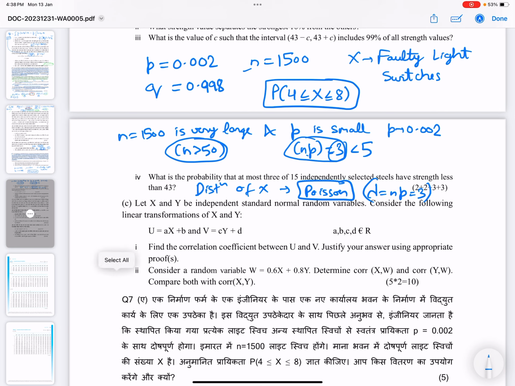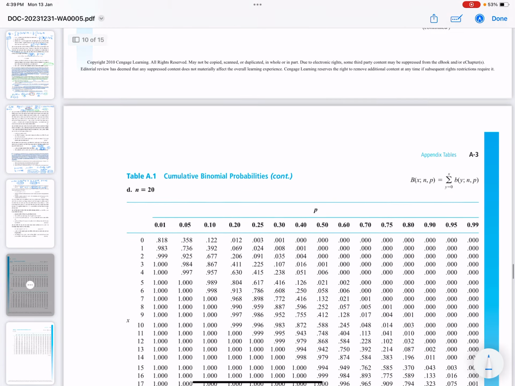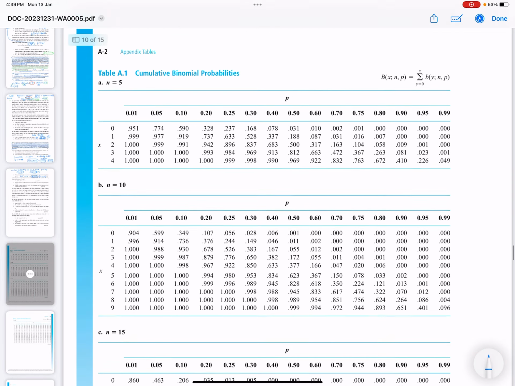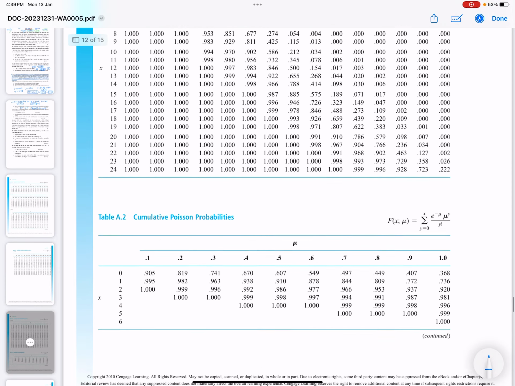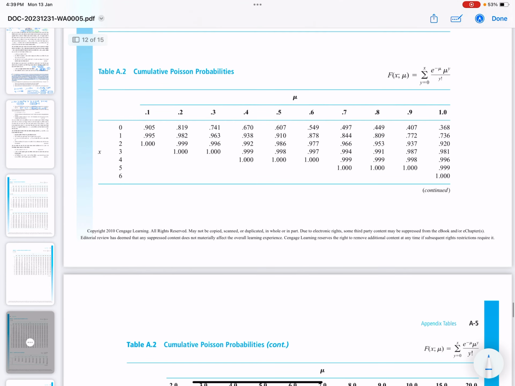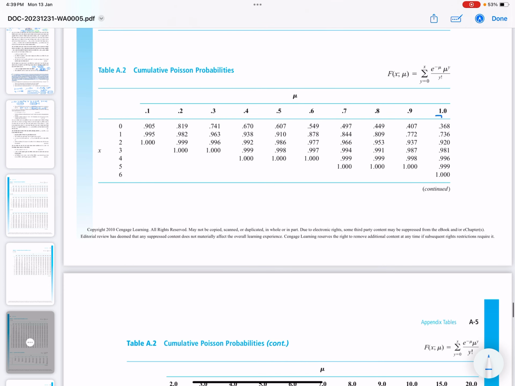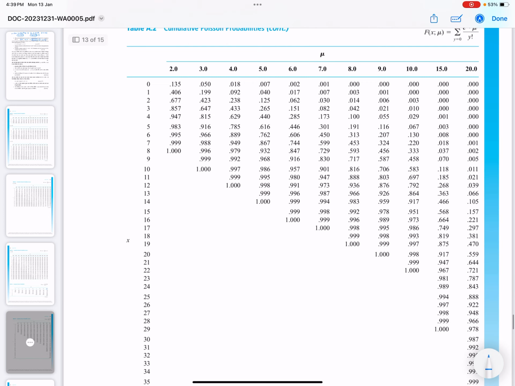Now for the Poisson distribution, we are supposed to find this. So this would be F of 8, this is cumulative, minus F of 4. So this would give you the probability. We use the cumulative Poisson table when the mean mu is 3.